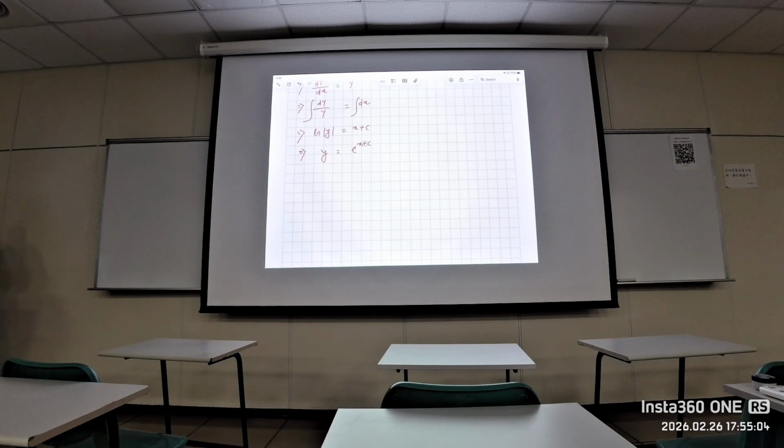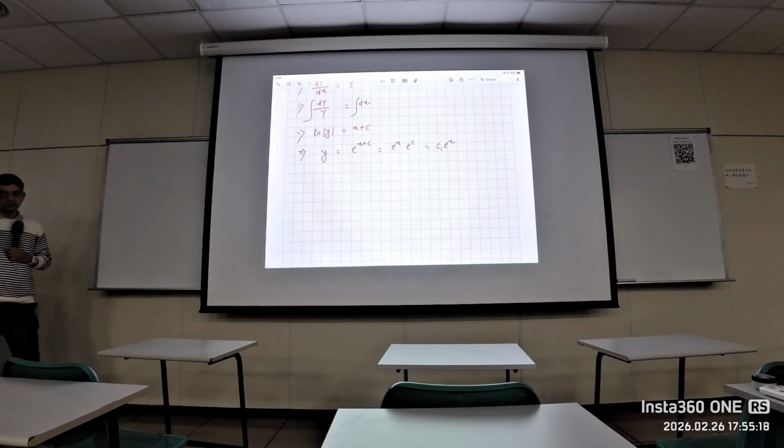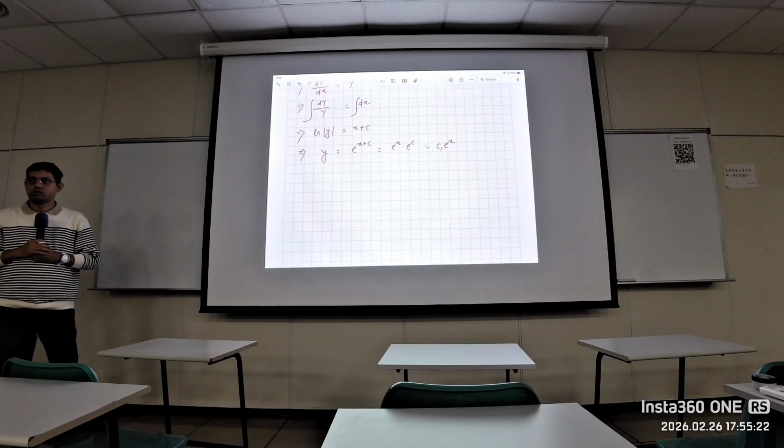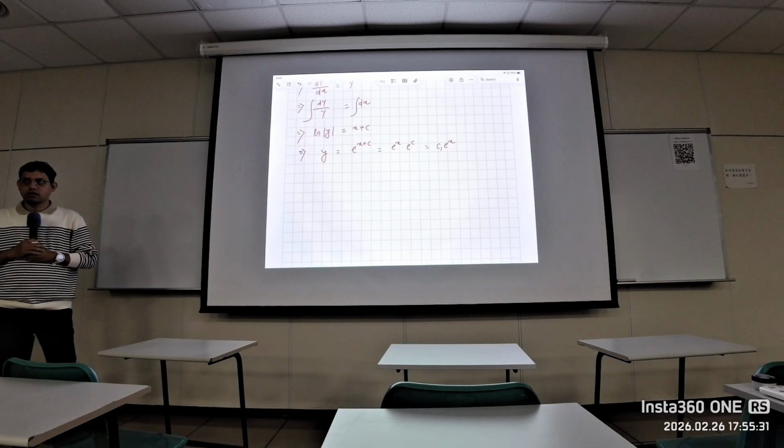That means I can write e to the power x into e to the power c, which I can further write as some constant c1 e to the power x. Yes? Any confusion?